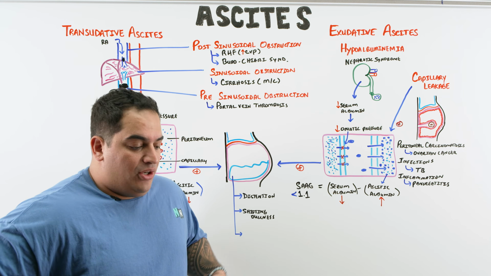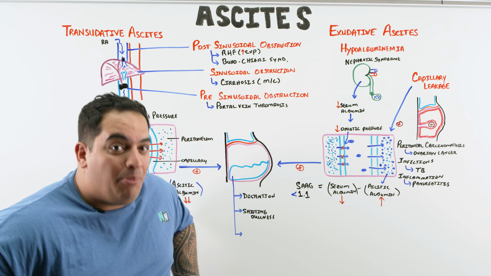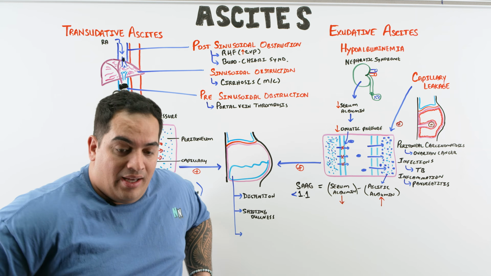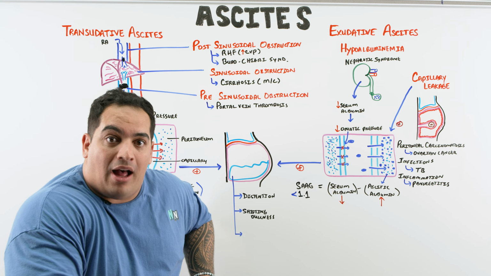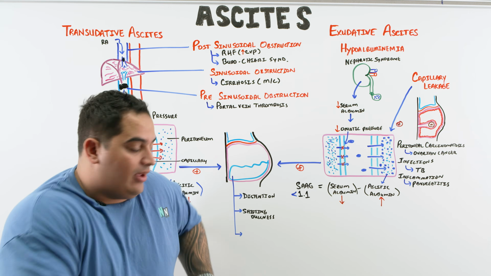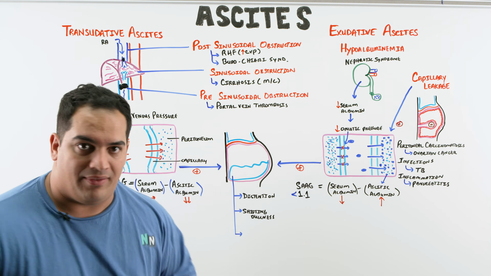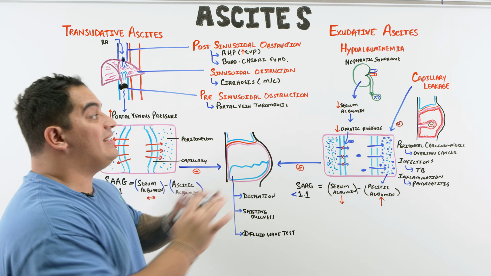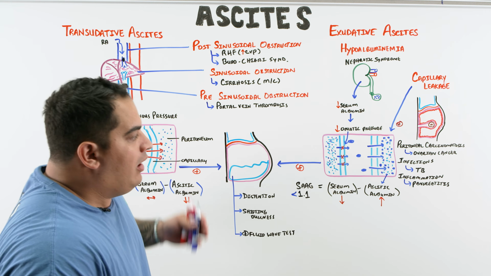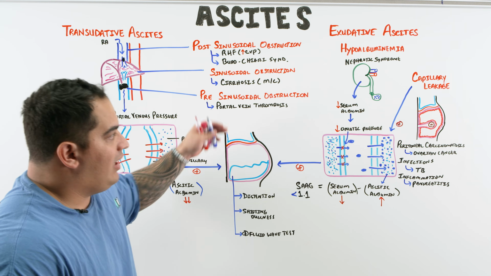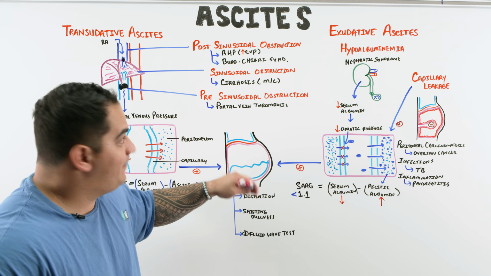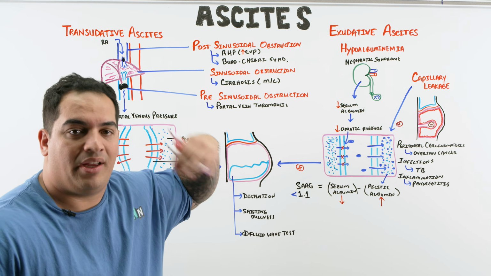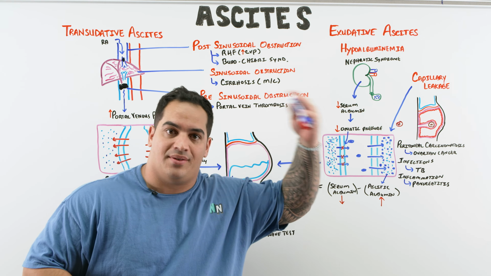So if you tap, and you feel the fluid wave on your hand on the other side, moving across, that's called the positive fluid wave test. These things would be suggestive of ascites. By far, if you get a test question or in real life, the most likely cause is going to be cirrhosis. But think about the 3 C's: cirrhosis, cancer, CHF.